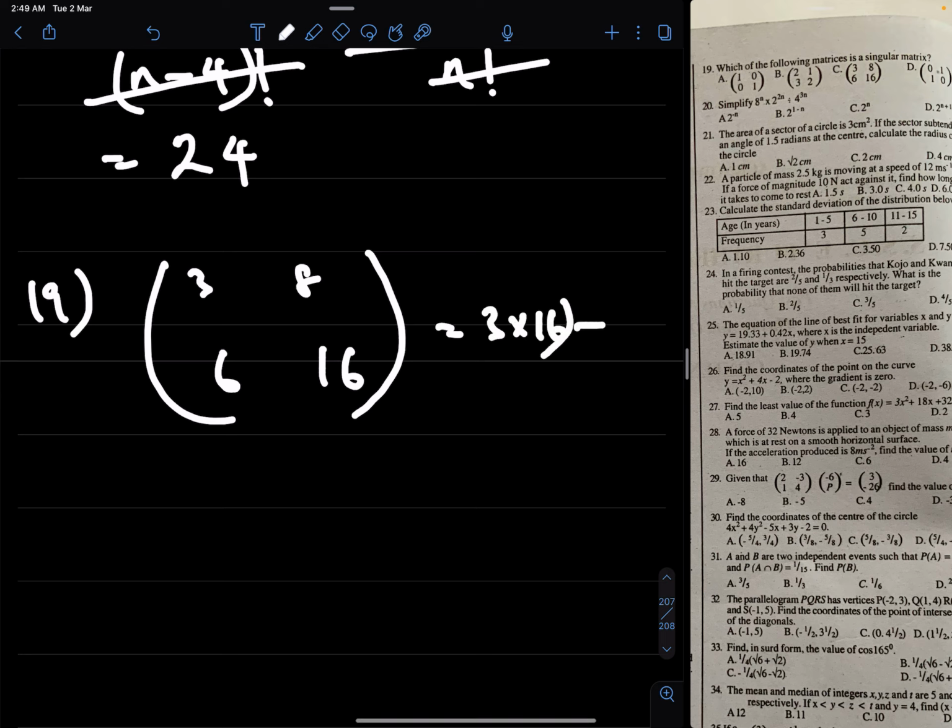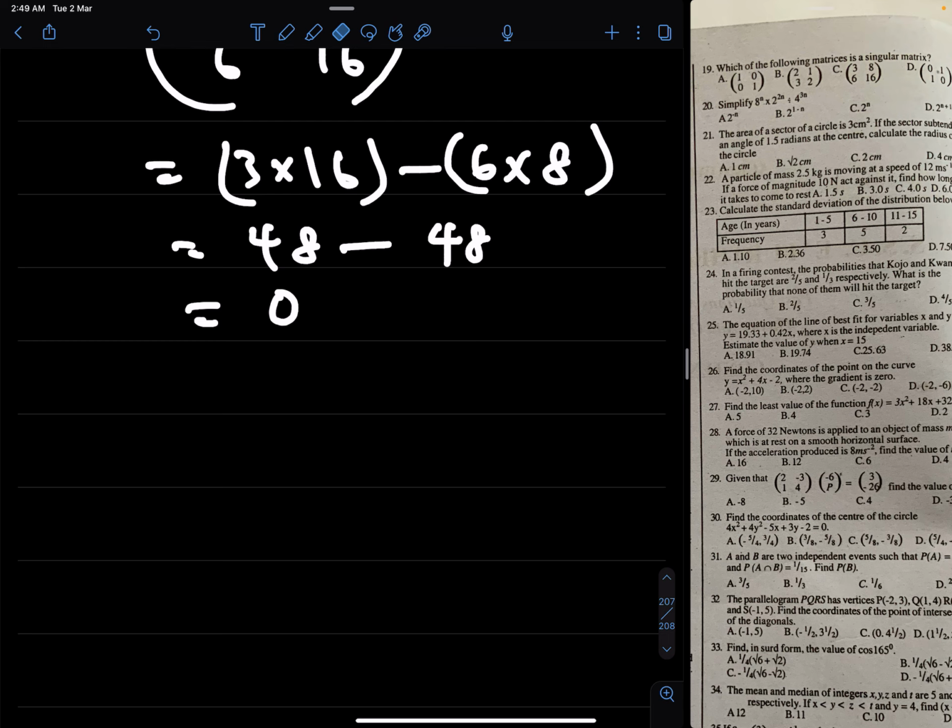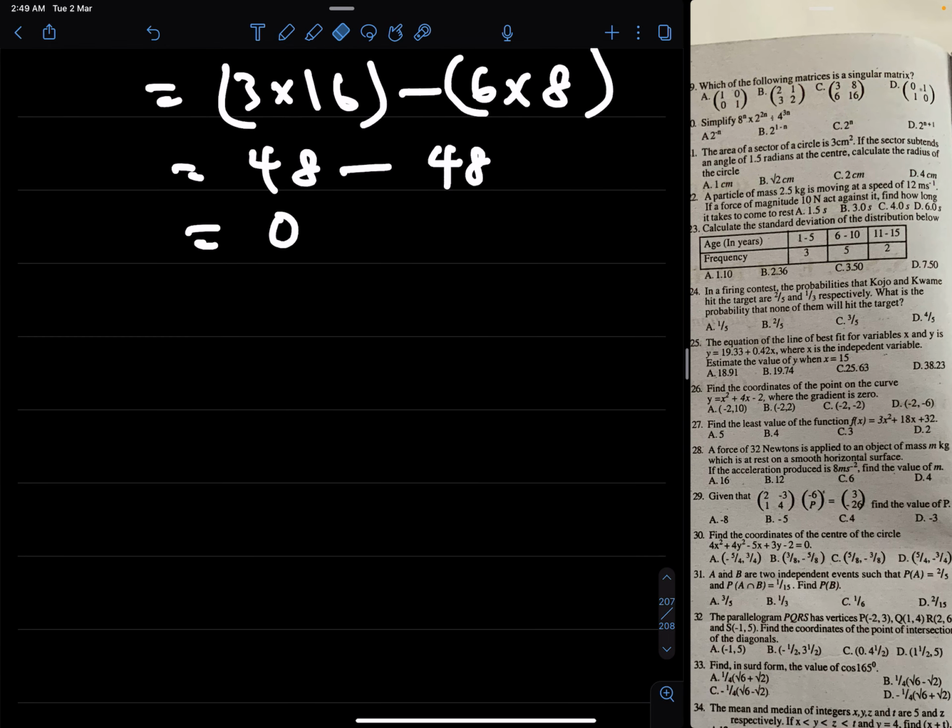So the determinant of this matrix is 0, so it's a singular matrix, and the correct option is C. Now to the next, which is number 20.